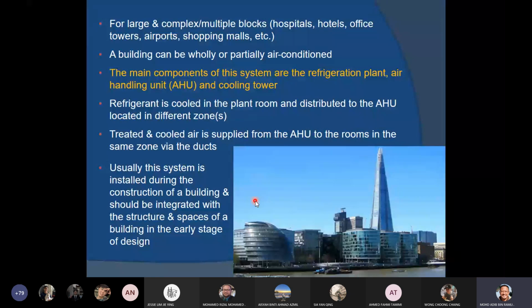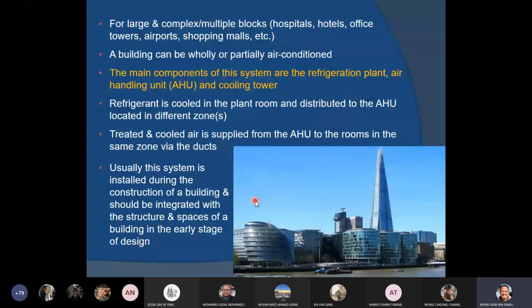For example, hospitals. Some hospitals only have one block, but some hospitals, especially government hospitals, have a few blocks to cater for different departments. And then hotels, again, some hotels have only one block, and other hotels have multiple blocks. Office towers, airports, shopping malls, and so on.